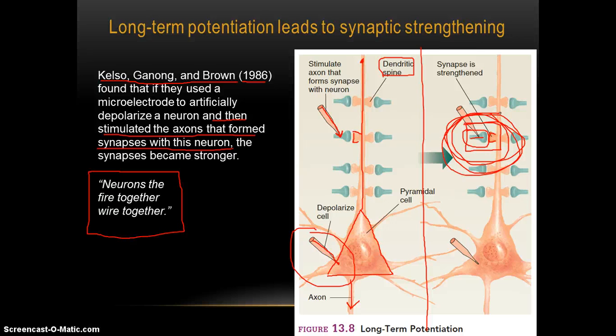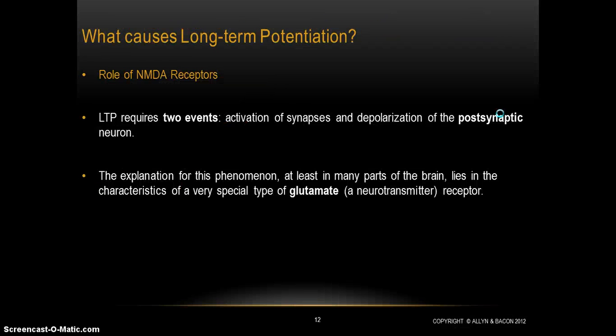Okay, so now that we have seen what long-term potentiation looks like, and we've introduced what is required for it to take place, we're going to start getting even more in depth, talking about what exactly is happening at a molecular level that causes this process of long-term potentiation, this strengthening of synaptic connections.